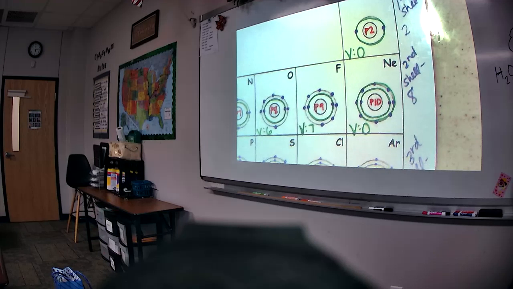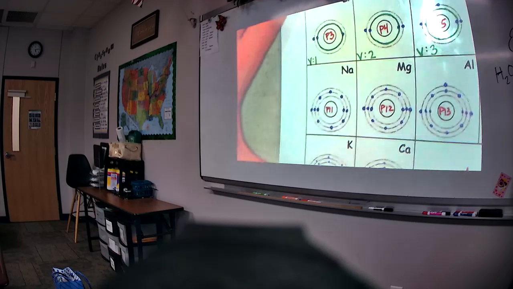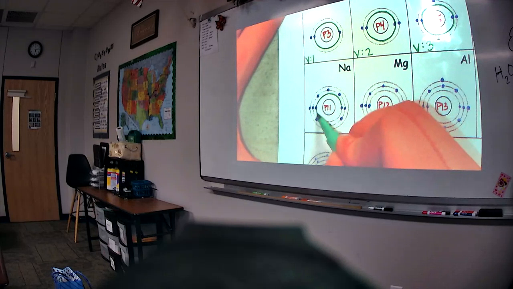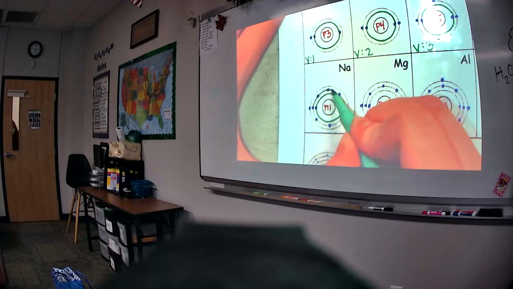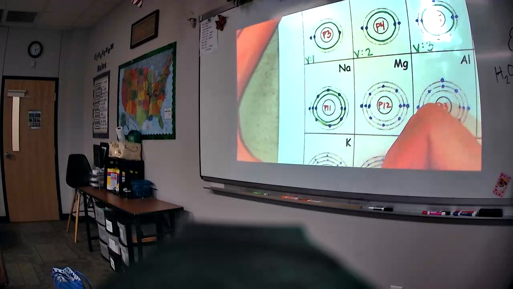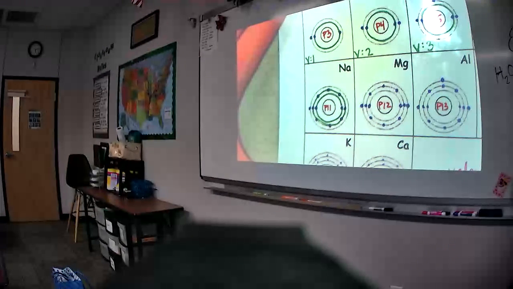Now let's go down to sodium. Sodium has a full first shell and a full second shell. But now with the third shell, how many valence electrons does it have? Say it out loud. 1. 1.